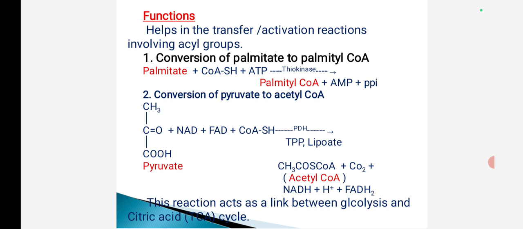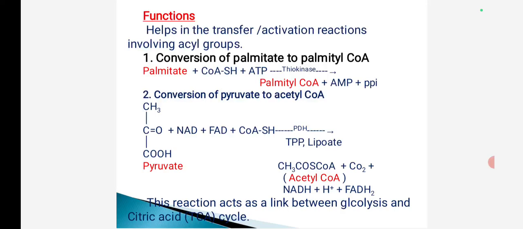Palmitate reacts with coenzyme A, or CoA-SH, in the presence of ATP thiokinase enzyme, which catalyzes this reaction, converting it to palmityl-CoA and AMP, adenosine monophosphate, plus pyrophosphate, PPi. Second example, conversion of pyruvate to acetyl-CoA.